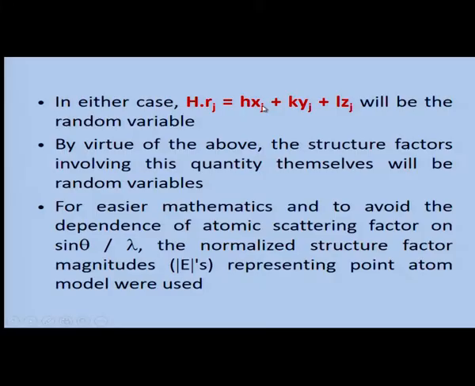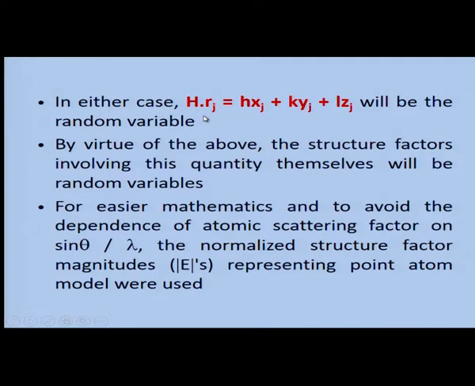You can do this by taking xj, yj, zj as random variables, and automatically this product becomes a random variable, or when you say HKL are random variables, again this product becomes a random variable. Ultimately, what we need is that H dot Rj should be a random variable.